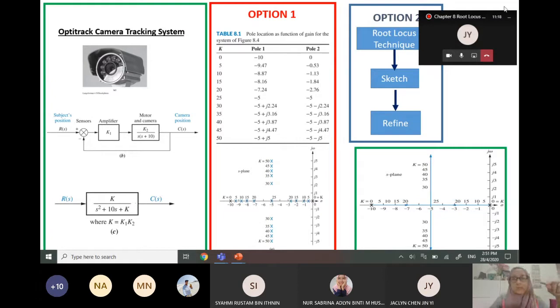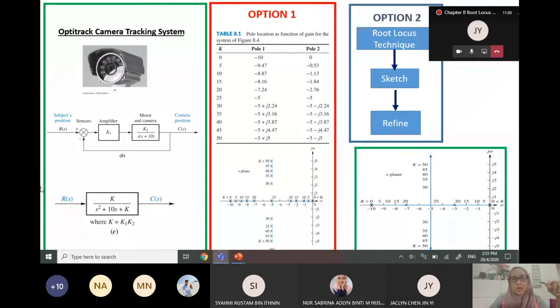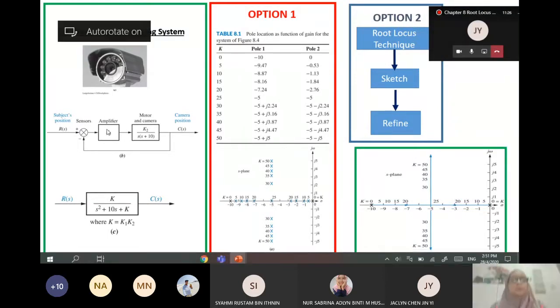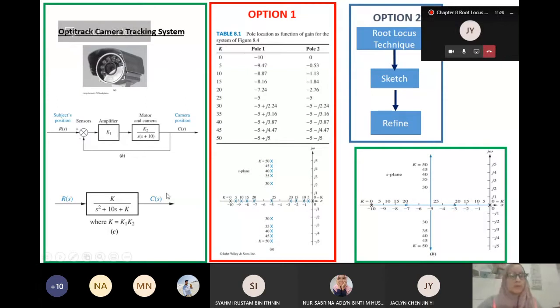Okay, so there are two ways how we're going to design the gain here. The first option that is covered in the introduction of chapter 8 is where we're gonna find the closed loop transfer function, and then we're gonna create table 8.1, where we're gonna do one by one.